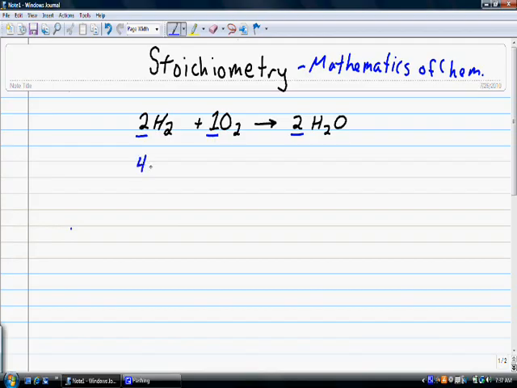If I have 4 molecules of hydrogen, it's going to need to react with 2 molecules of oxygen to react completely, and that reaction will produce 4 molecules of water. If we take this out a little bit further, no matter how much we have, maybe we have 100 molecules of hydrogen, that would mean we would need 50 molecules of oxygen and 100 molecules of water would be produced.